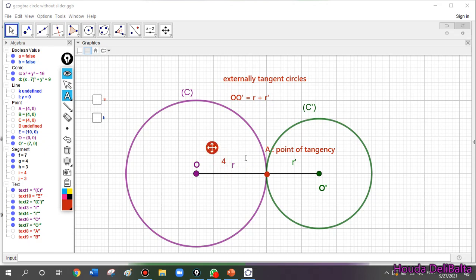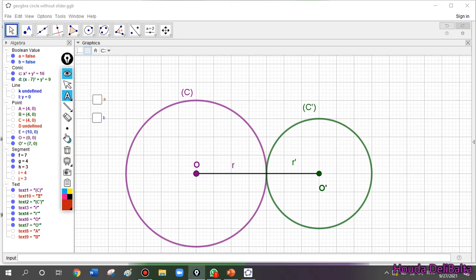Here we have 4 centimeters, no space in between, and here 3 centimeters. Then OO prime is exactly 7, which equals the sum of the radii. That's according to externally tangent circles.